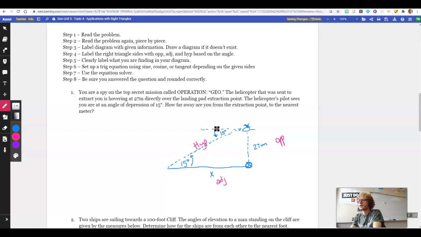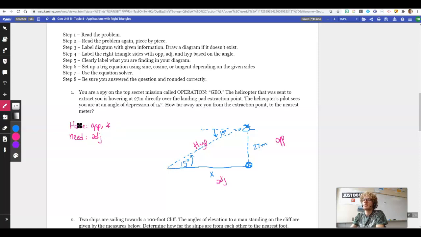Now what I like doing is writing down what I have. I have the opposite side. We know how much this opposite side is. It's 27. And we know how much the angle is. So you have the opposite side and the angle. We need the adjacent side.